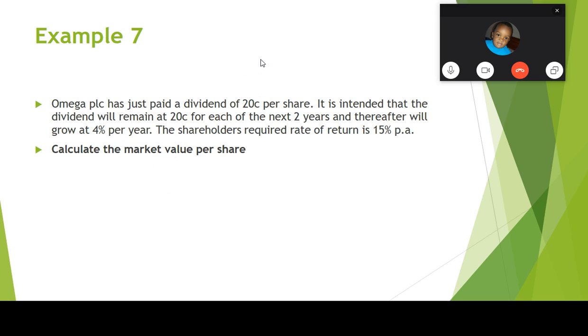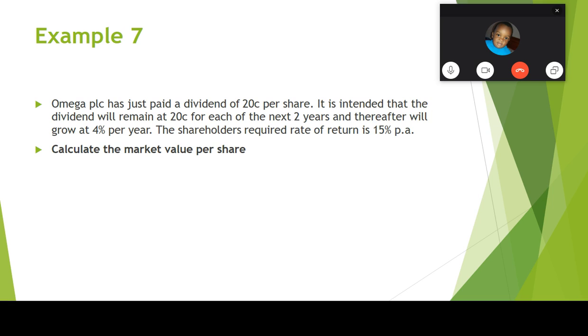It says Omega PLC has just paid a dividend of 20 cents per share. It is intended that the dividend will remain at 20 cents per share for each of the next 2 years, and thereafter will grow at 4% per year.